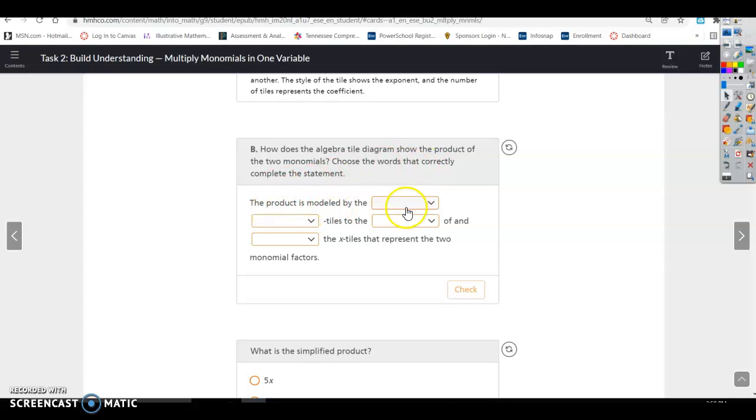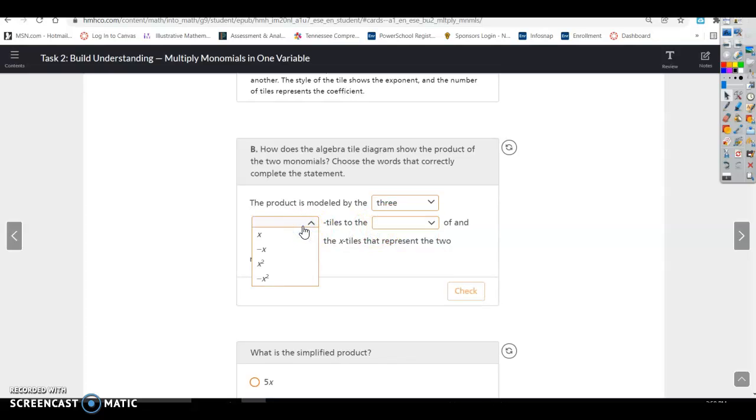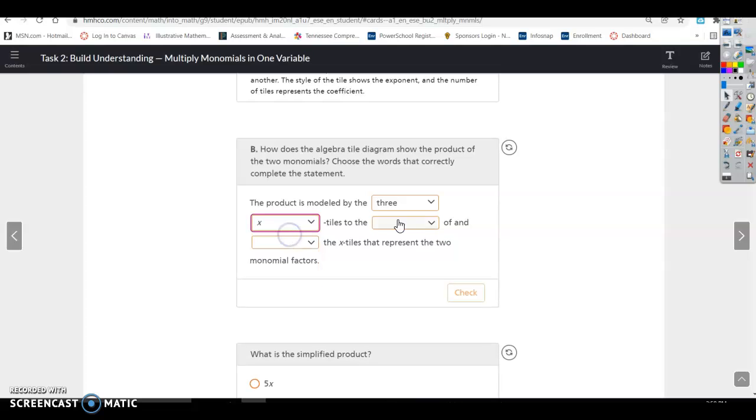The product is modeled by the 3 x tiles to the left and below the x tiles that represent the 2 monomial factors.